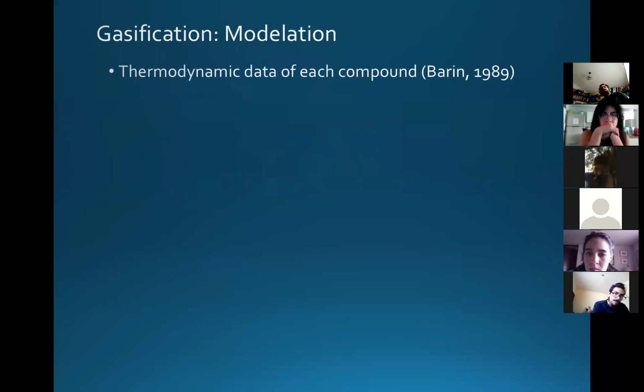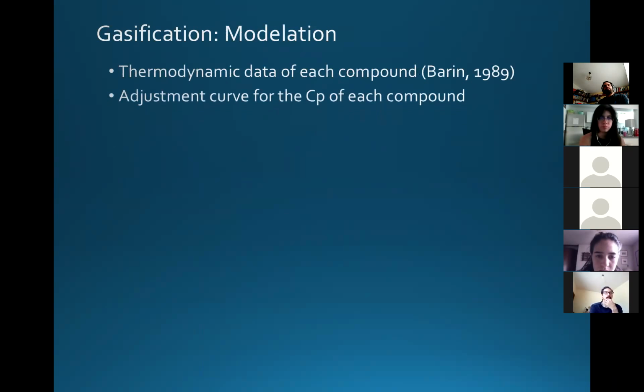Okay, so another thing that the plots we're going to see in a couple of slides take into consideration is that the thermodynamic data of each compound is obtained from a book written by Patty. It has a lot of thermodynamic properties of each component. A little bit old, but it's fine.